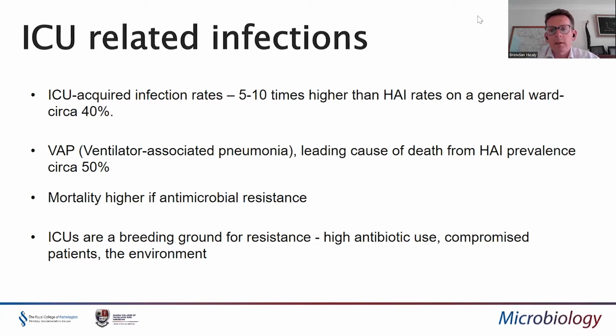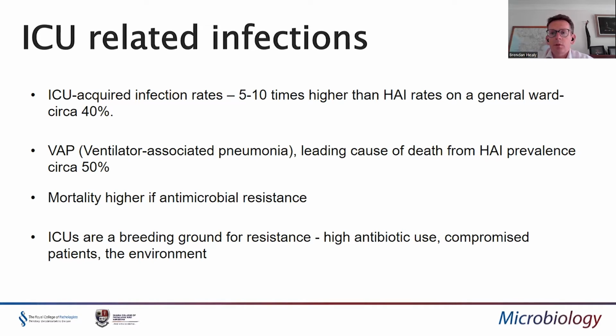Ventilator-associated pneumonia is the leading cause of death from hospital-associated infections, and the prevalence is about 50%. We know that mortality is higher if antimicrobial resistance is present. We also know that ITUs are a breeding ground for resistance. There's high antibiotic use, compromised patients, and then a shared environment.